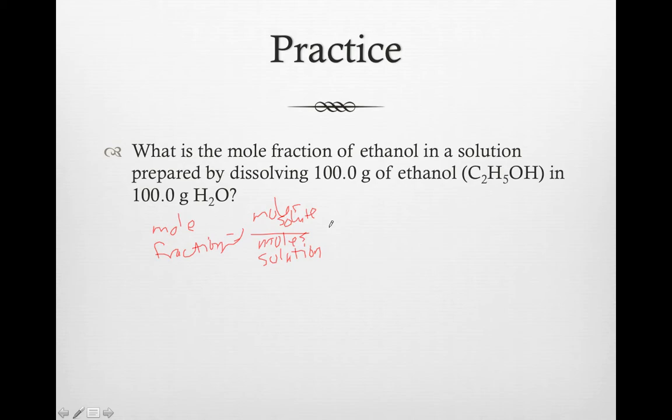So given that I have grams in both, I need to convert those. So I'm going to take 100 grams of ethanol. I'm going to divide it by the molar mass, which is 12.01 times 2 plus 1.01 times 6 plus oxygen, which is 46.08.